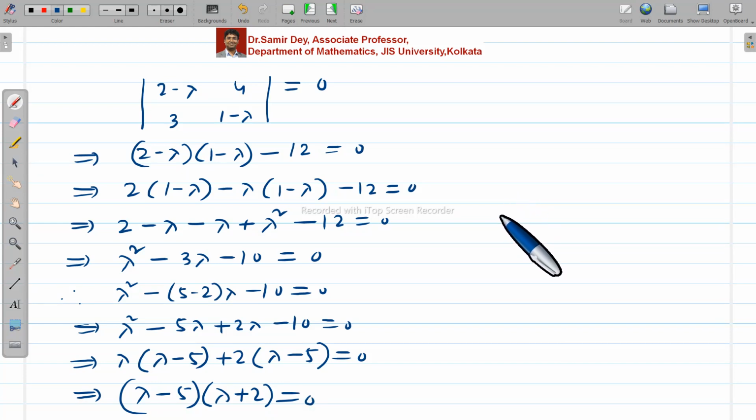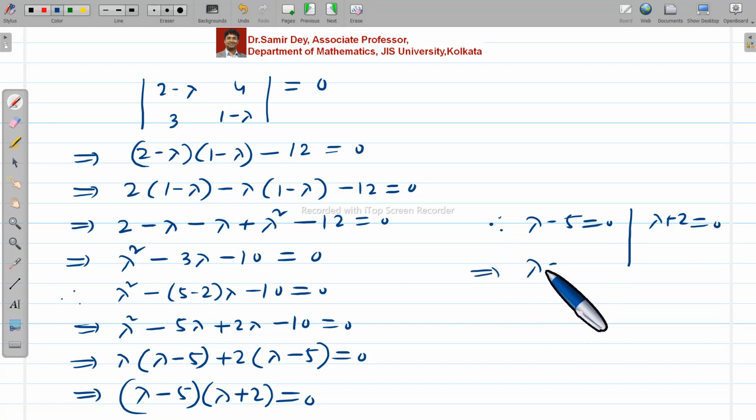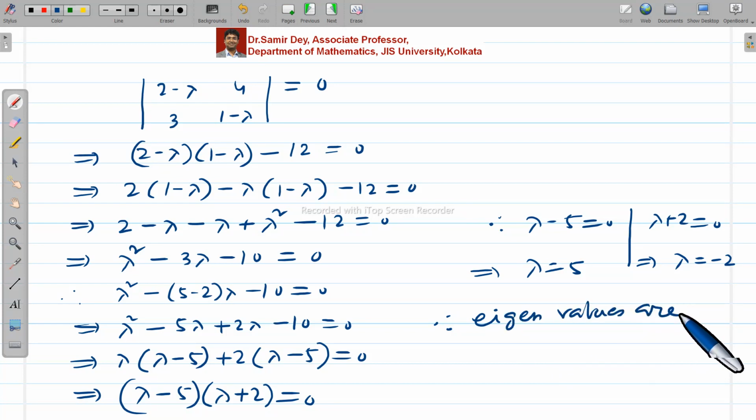Therefore lambda minus 5 equal to 0 and lambda plus 2 equal to 0. So from here lambda is equal to 5, and from here lambda is equal to minus 2. So you may write, therefore, the eigenvalues are 5 and minus 2.